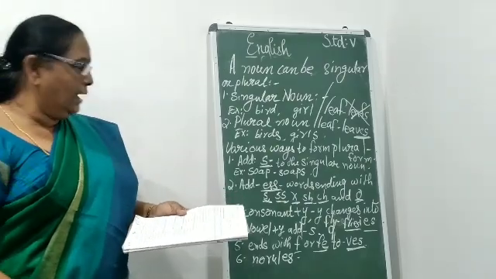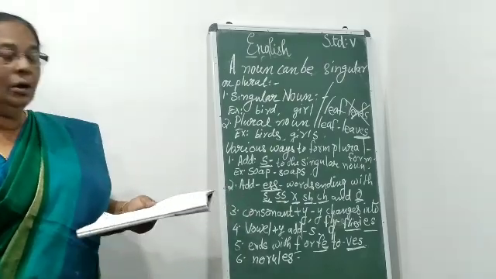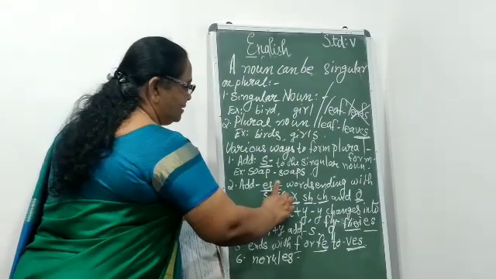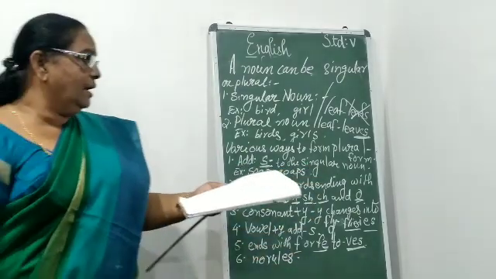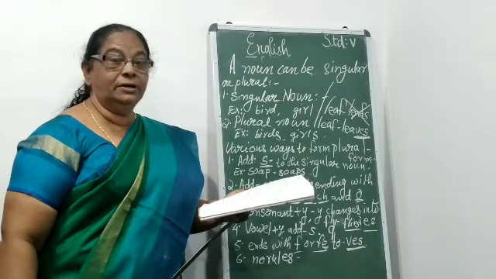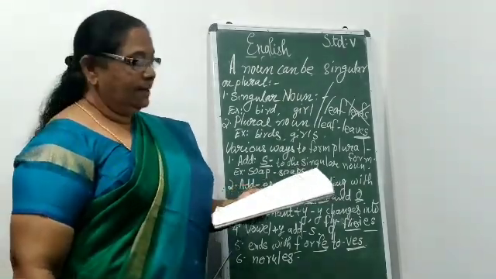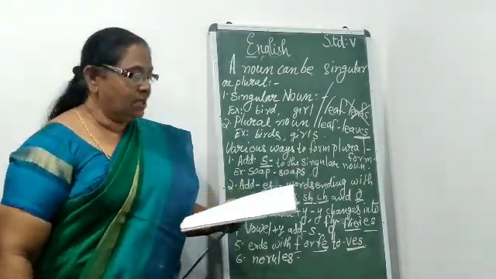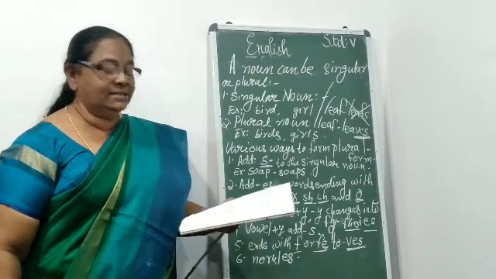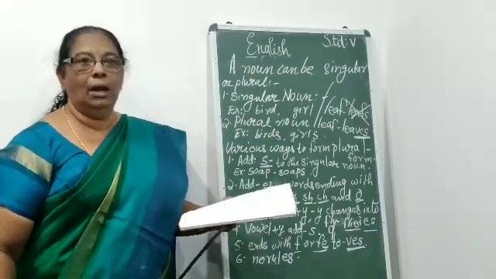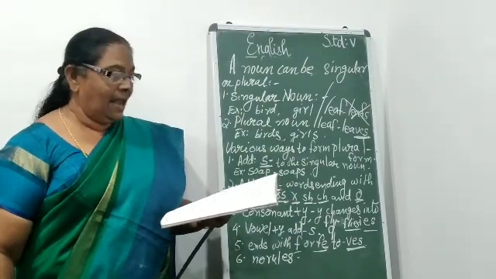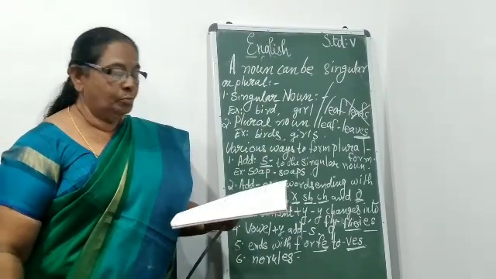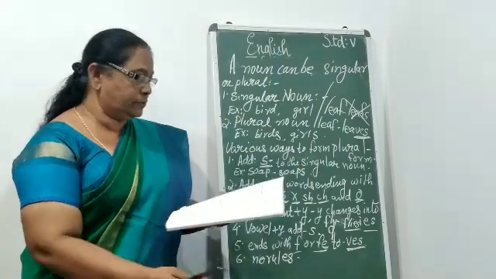Then coming to the second rule. What is the second rule? Add es to words ending with, which are the words? Yes, ss, x, sh, ch and o. Like bus, buses, bush, bushes, all these words.